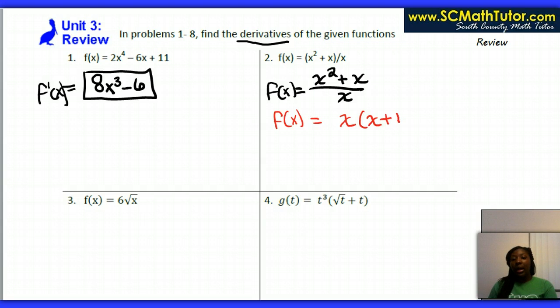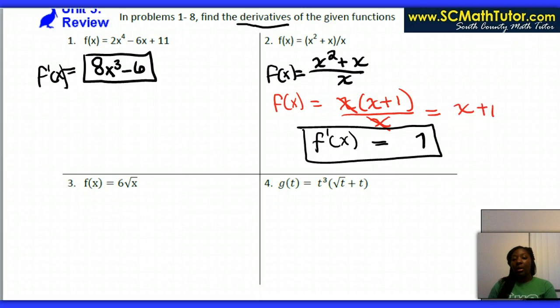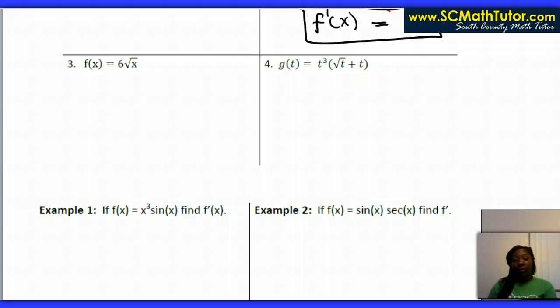So I can factor that out over x and check out what happens. The x's cancel out and you just have f of x is just x plus 1. Well, the derivative of a variable x is just 1. So f prime of x equals 1. Okay, so if you forget that, you can always do the quotient rule. It's just going to be longer.